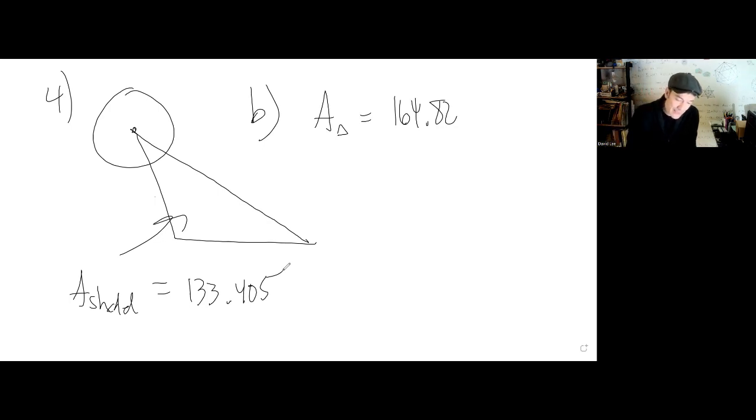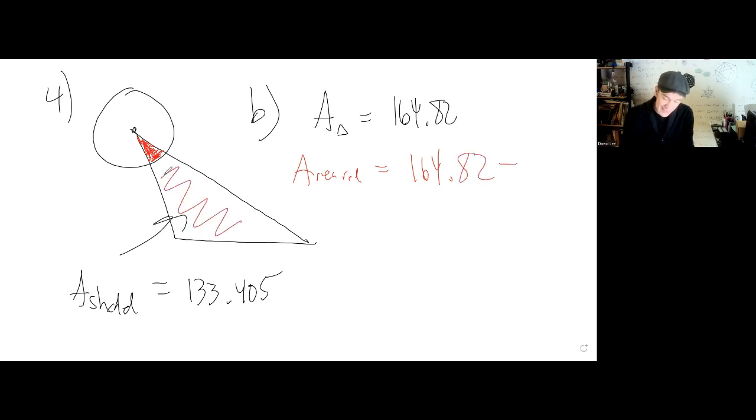How about we do this? How about I take red and shade in this little slice of pizza. It's a little sector. That little red sector, think of it as a slice of pizza. And you know what? We can find the area of the red. The area of the red region is going to be the whole triangle minus the shaded part, which was this other one.